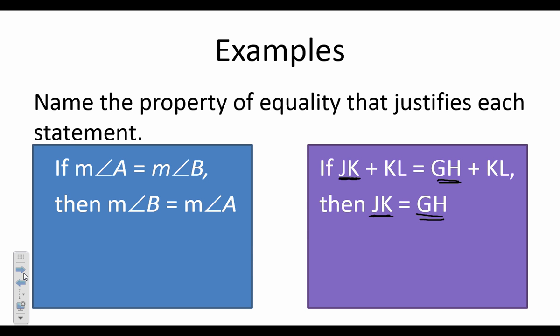What did they do to get from here to here? They subtracted. They took away KL from both sides, the distance between K and L. So this is subtraction. Subtraction property of equality. Absolutely.